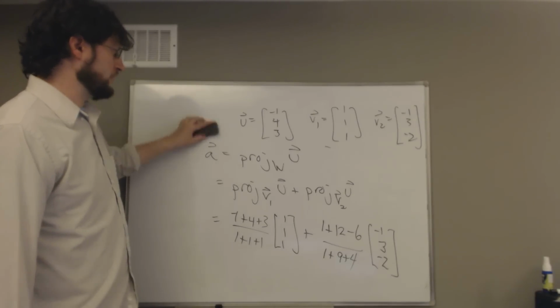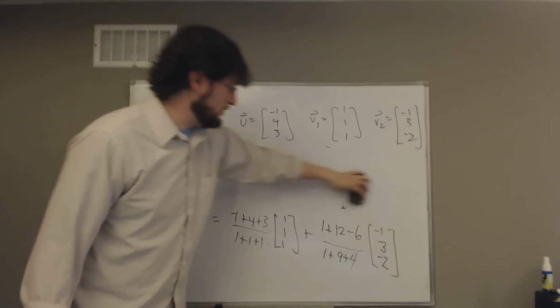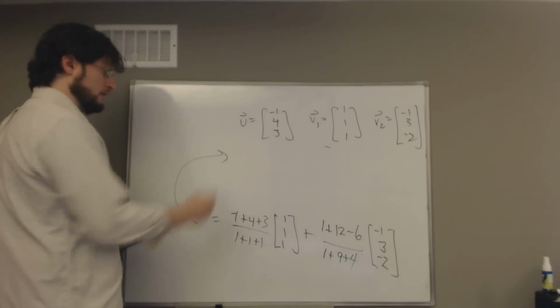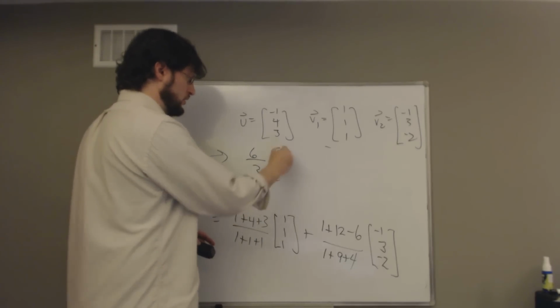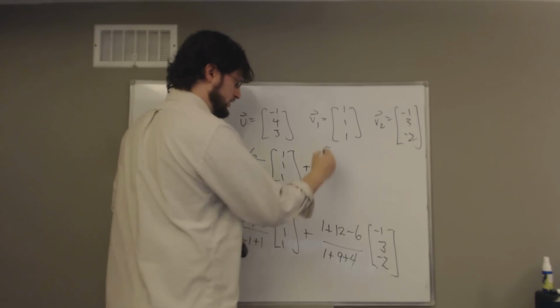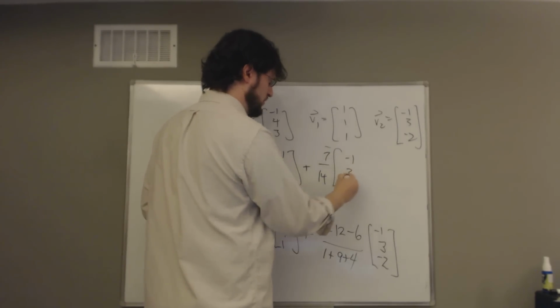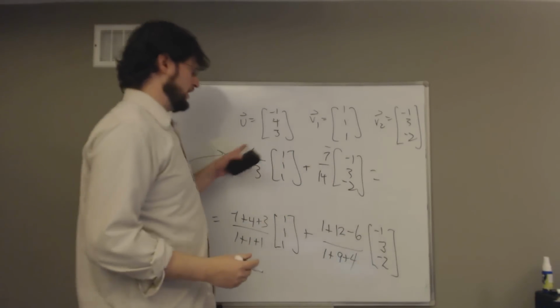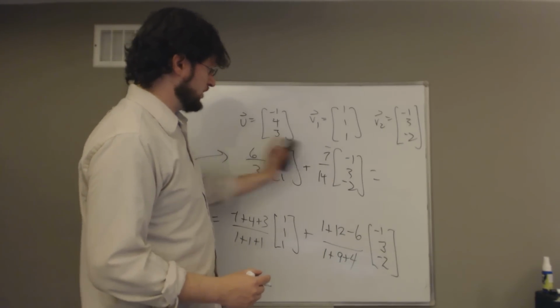We need to keep all of our vectors, so let's save them. If I simplify what we have, this becomes 6 over 3 times 1, 1, 1, plus 7 over 14 times -1, 3, -2. So that's 6 over 3, and that's 1/2. So that's 2, if we push that through.